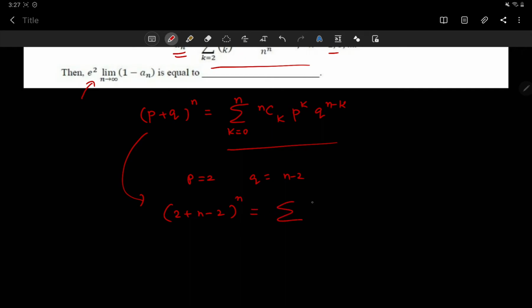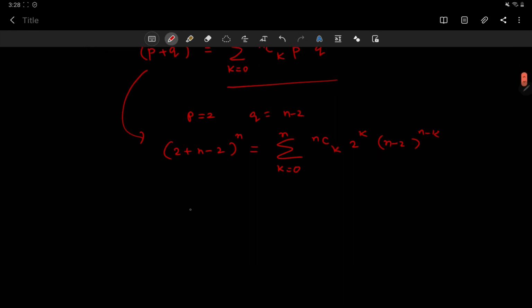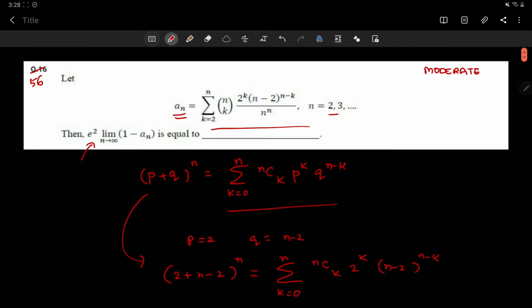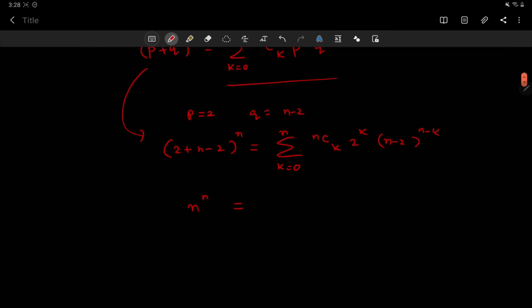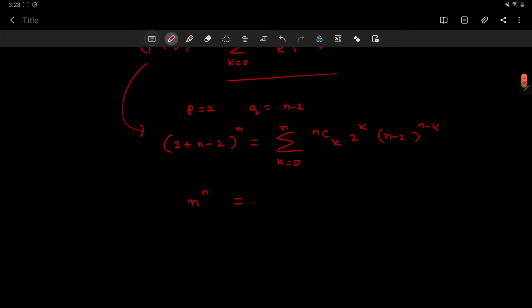(2 + n − 2)^n equals nCk 2^k (n − 2)^(n − k) from k equals 0 to n. So this becomes n to the power n. But here we can see there are additional terms as well, and also the series does not start from 0, it starts from 2, so we have to adjust those terms as well.